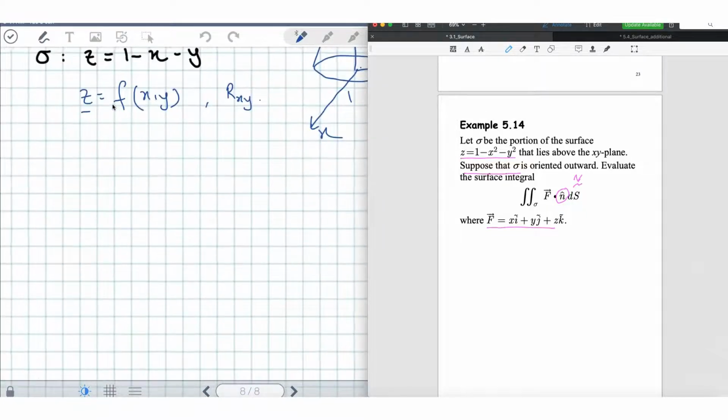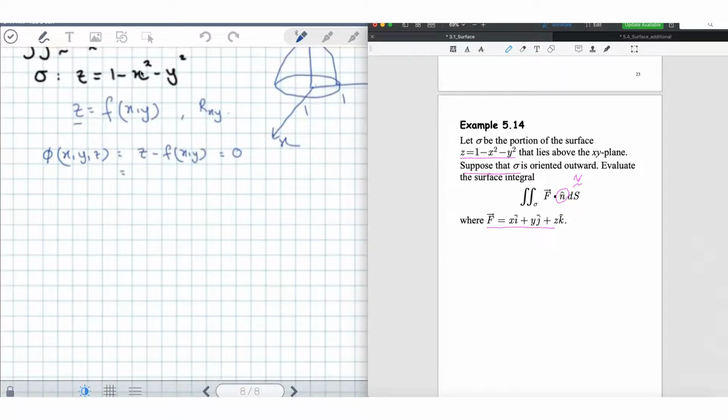Okay, so now to get the phi, you have to make this equation equal to 0. So now your phi, in terms of x, y, z, is z minus the function of x, y, equal to 0.